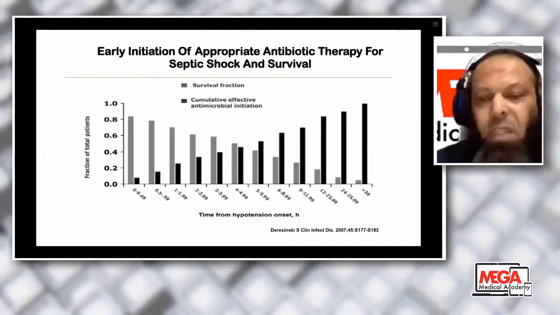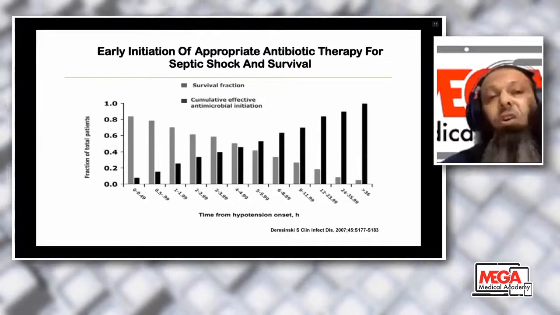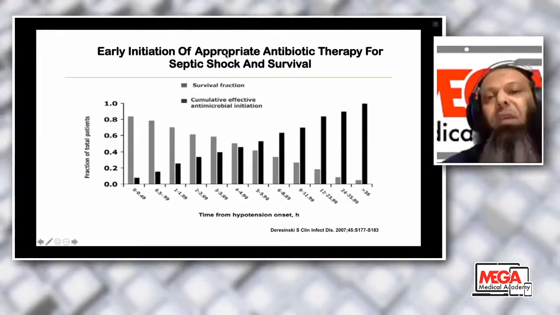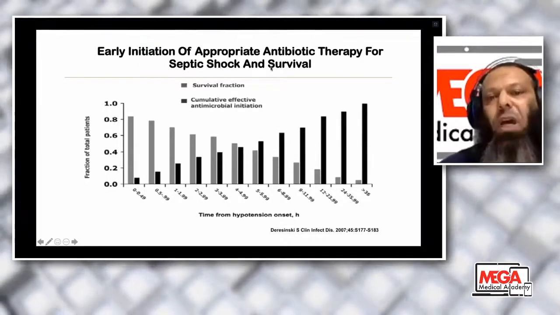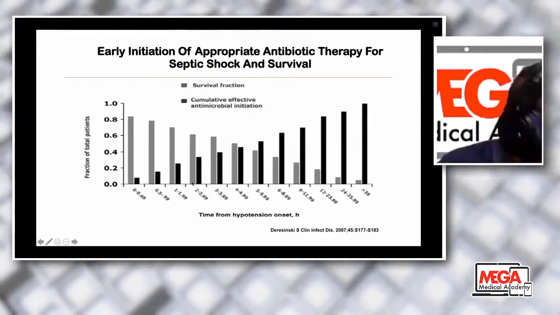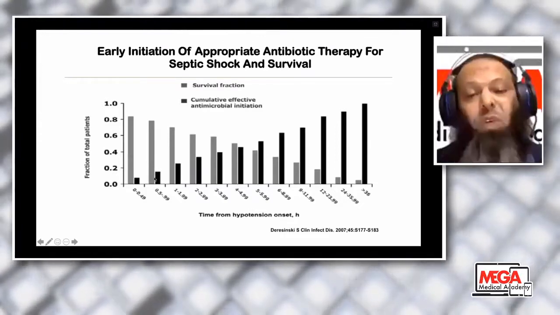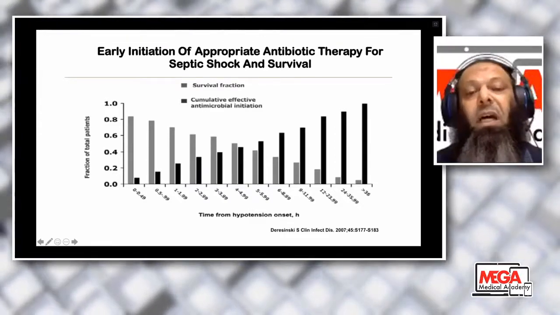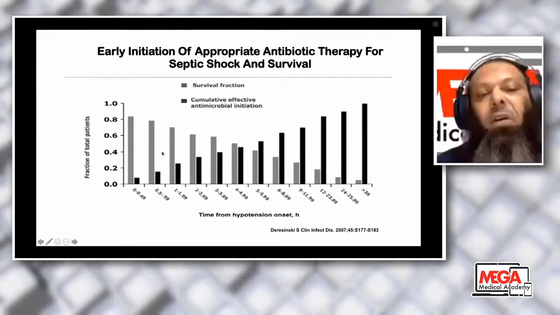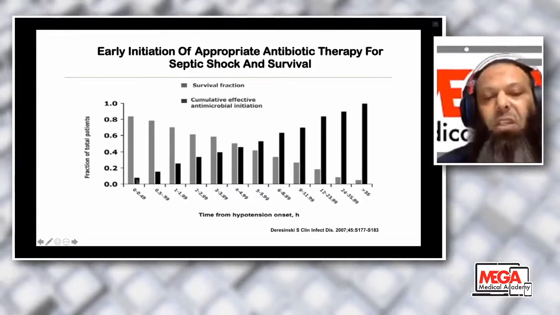And this is also a famous study from 2007. It correlates the early initiation of appropriate antibiotic therapy in septic shock and its relation to survival. And here, as we can see, the relation between the antibiotic and the overall survival correlated to the early antibiotic administration.